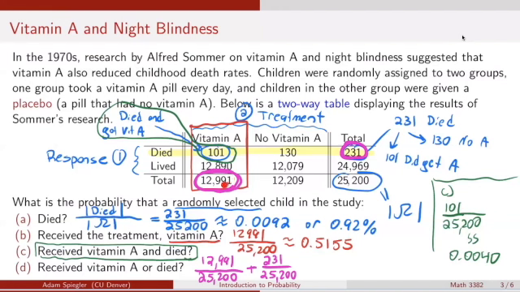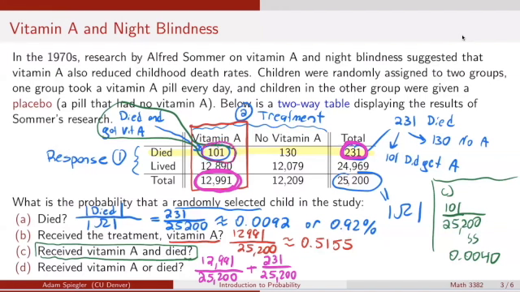So they're included in this total over here, because this includes all the children that got vitamin A that lived and died. And they're also included in this 231, which was counting all of the children that died, regardless of whether or not they were in the treatment or the control group. And so how many children did we double count?